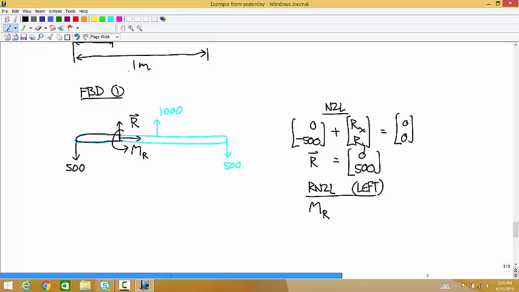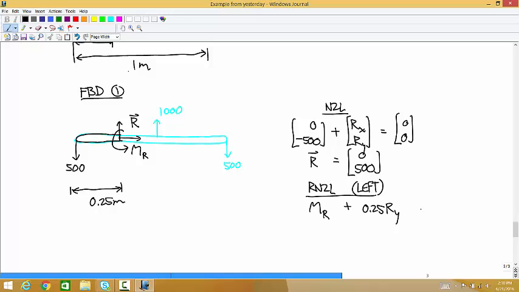There's the couple MR. And then this distance, remember, was 0.25. So we get a moment that's equal to 0.25 times Ry. And if you have a positive Ry, would that make this rotate clockwise or counterclockwise around the about point? Counter.